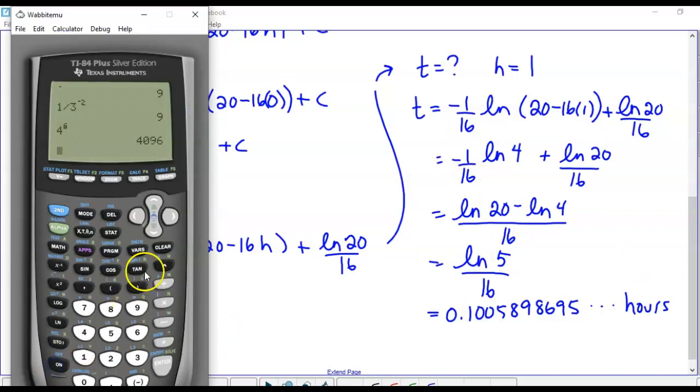So if we have ln of 5 divided by 16, okay, and then we want to probably get it in minutes. It doesn't say here what to express it in, but since it's part of an hour, I'd multiply it by 60, so it's approximately 6 minutes.